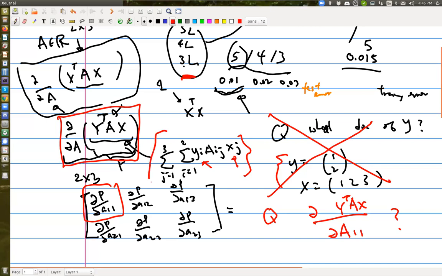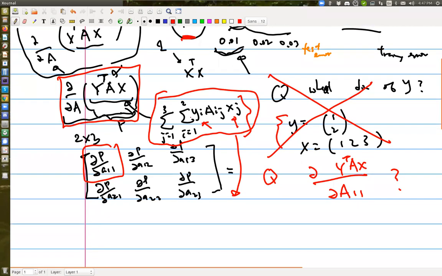You guys are familiar with summation notation, so what's this thing really? Just write down the whole thing.